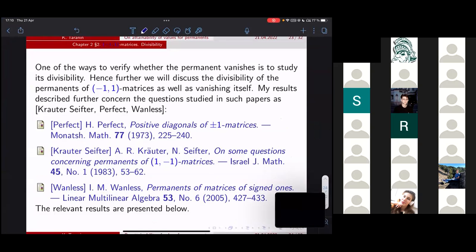А можно воспользоваться перерывом и спросить у вас про ваш результат, про то, что в интервале от (n+1)! делить на n и делить на e до (n+1)! есть сколько-то значений перманента. Как сравнить первое число со вторым?